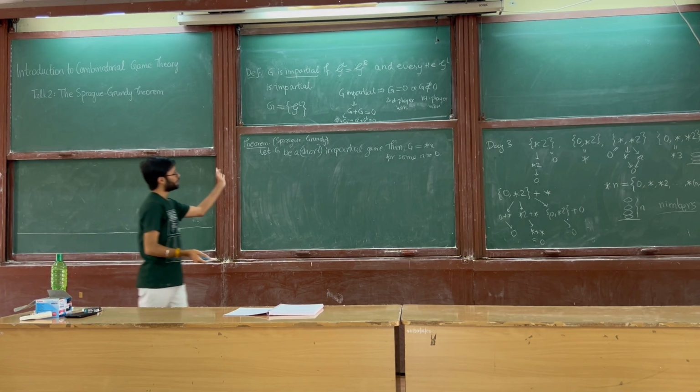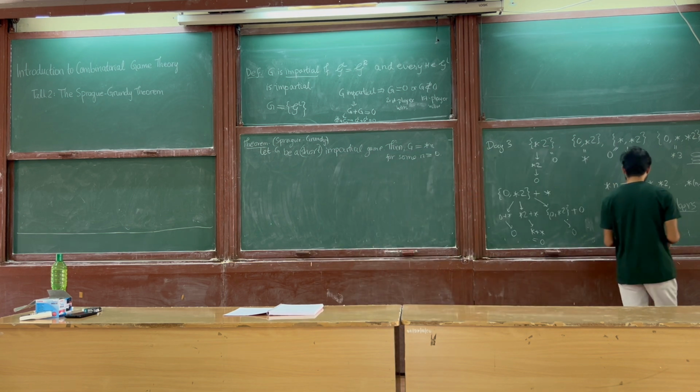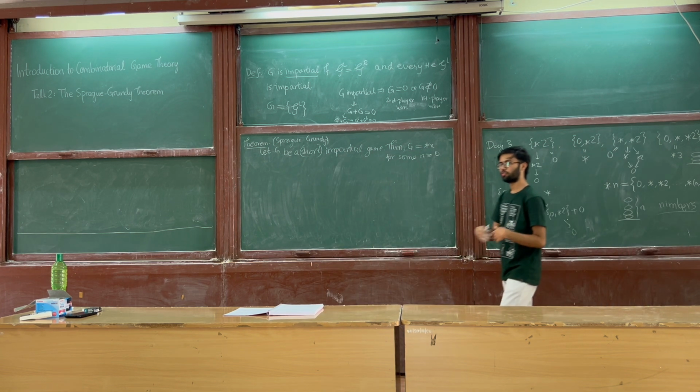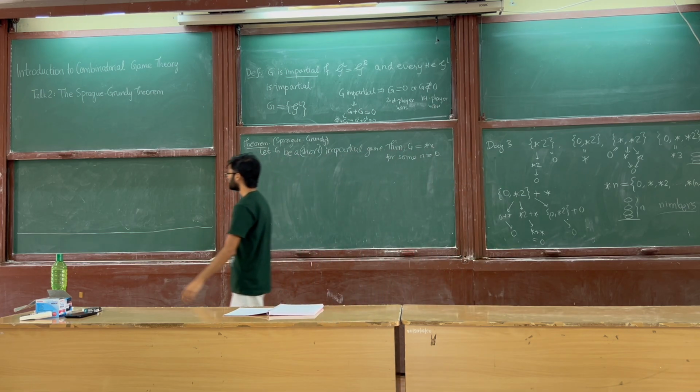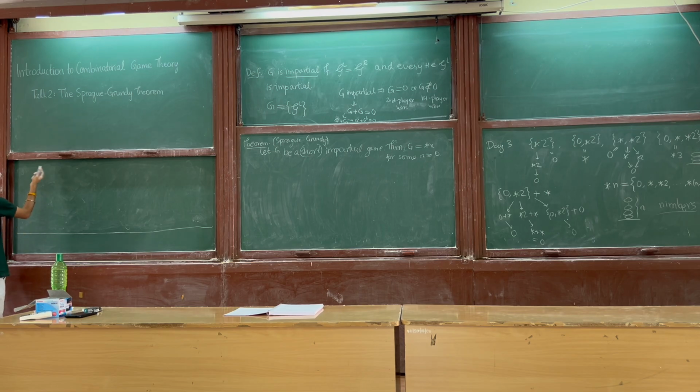Again we'll proceed by induction. Suppose this is true of all games born before some day n, and let's say you have a game born on day n plus 1.